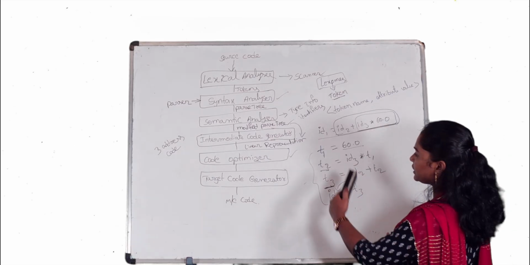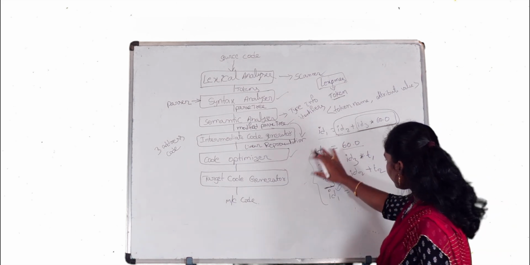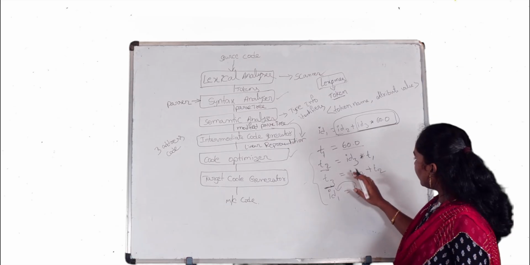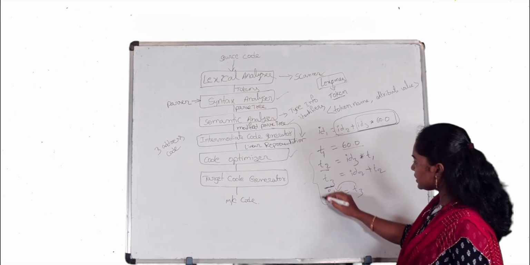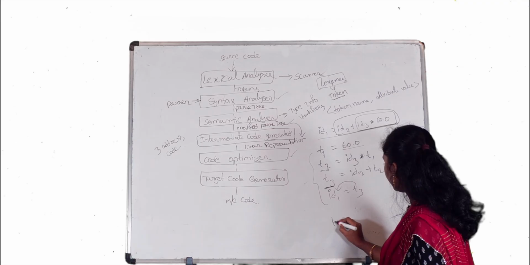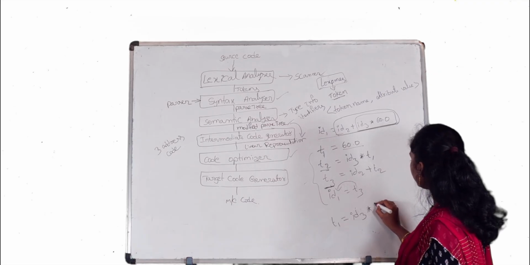So how will it reduce? By using these statements. Instead of writing these 4 lines, we can reduce them to 2 lines. How can we write it? T1 equals id3 into 60.